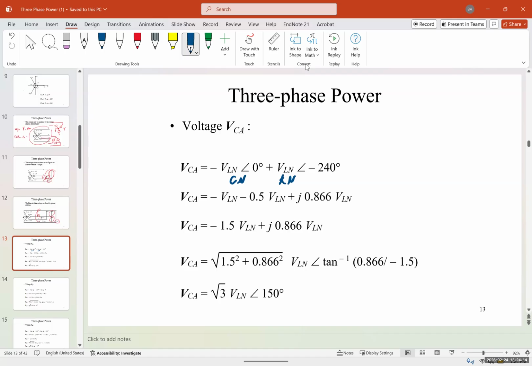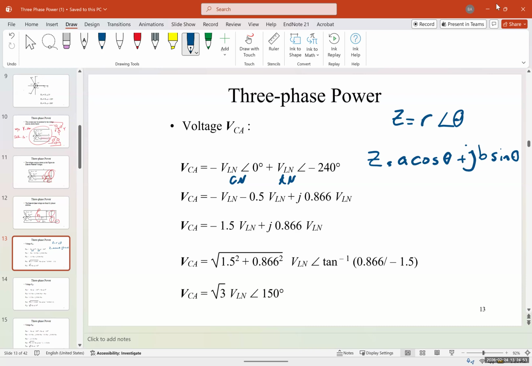Now, I can convert this to a rectangular form. Do you remember how we convert phasor to rectangular? So a phasor form, we show it like this. Let's say Z is R with a degree of theta. If I want to show it in the rectangular form, Z would be equal to A cosine of theta plus JB sine of theta.